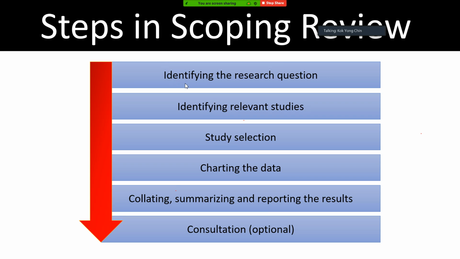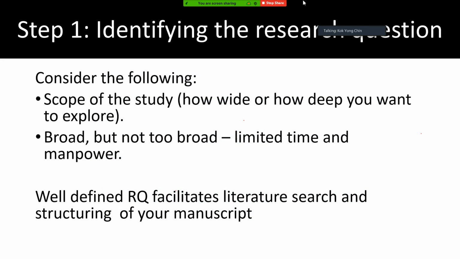So I'm going to go through them one by one, and I'll give you some personal tips on each of the steps, okay? So first step, identifying the research questions. In creating research questions, do consider the scope of the studies, about how wide or how deeply you want to explore.